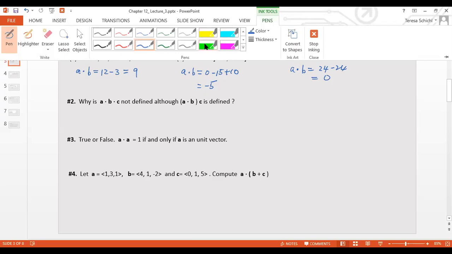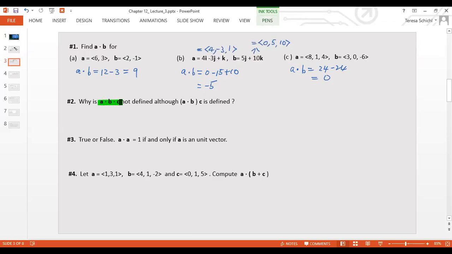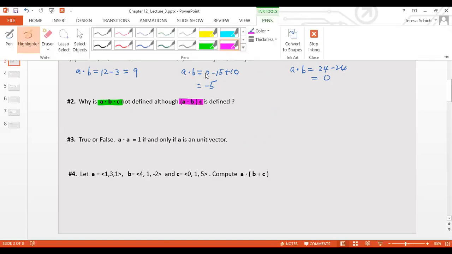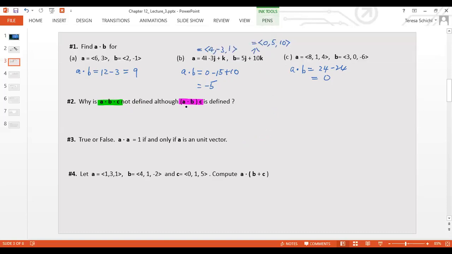They ask why A dot B dot C is not defined, but A dot B times C is defined. So let's take a look at why this one is defined. Because we know that A dot B, this result, what is this result?